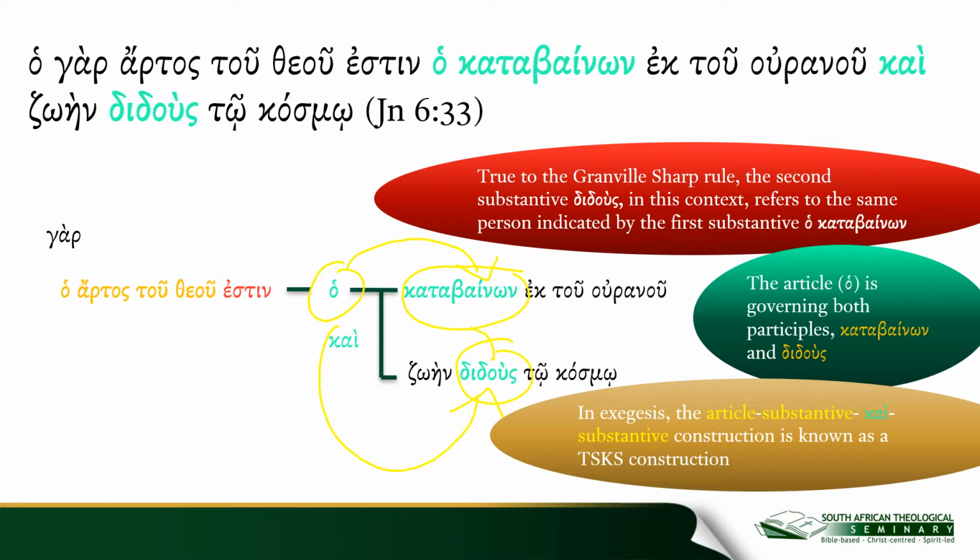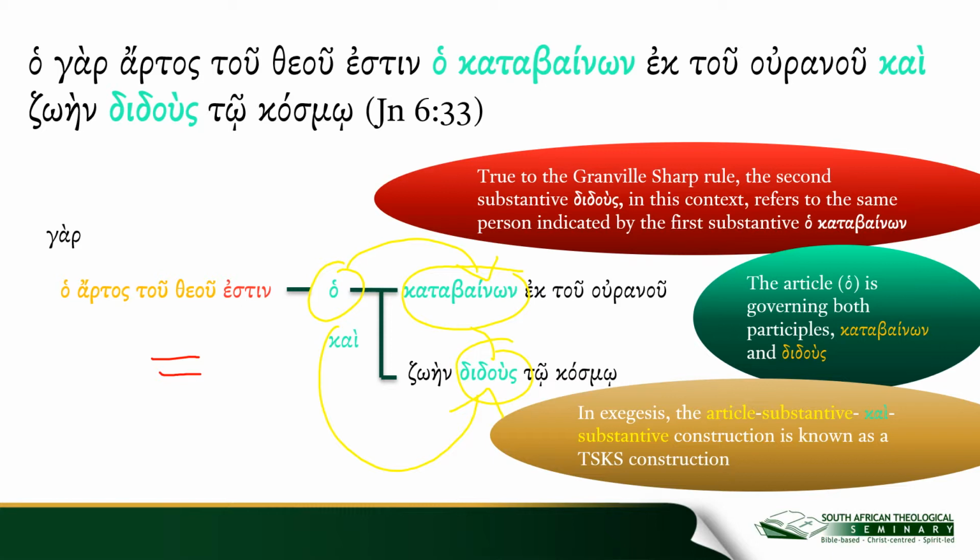In fact, where the verb estin is concerned, you can draw an equal sign between ho artos tou theou and the TSKS construction, because the bread of God is the one coming down from heaven and the one who is giving life to the whole world.